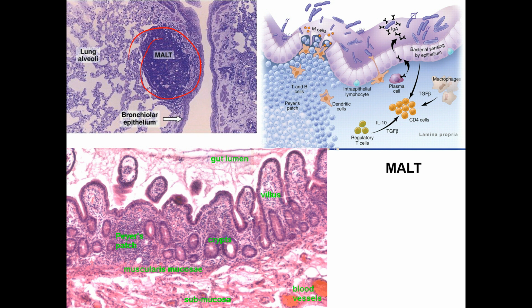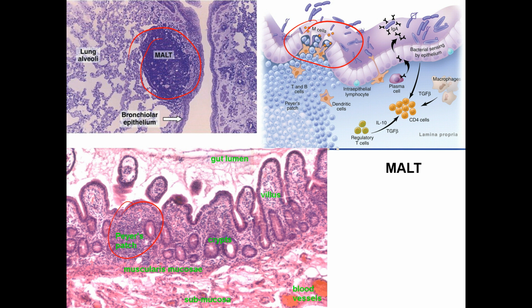You have a collection of lymphatic tissue within the gut. These are what we call Peyer's patches.